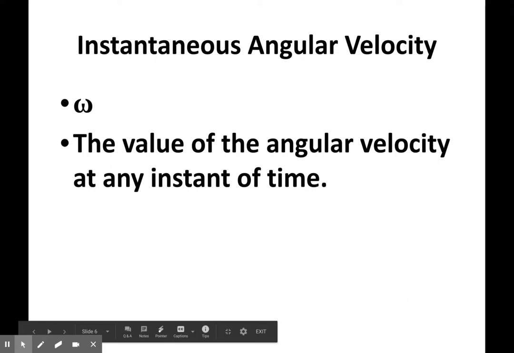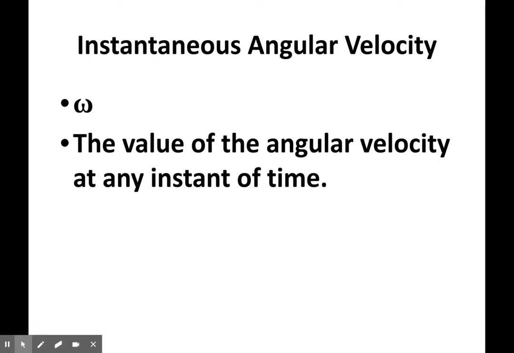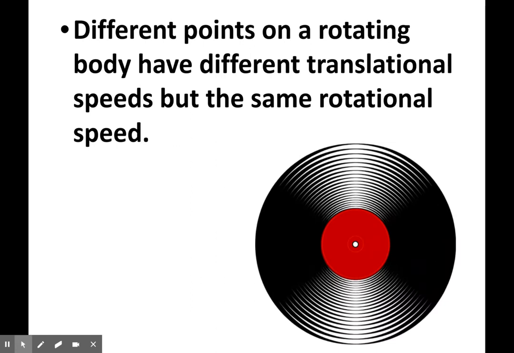Instantaneous angular velocity is just the velocity at one specific point in time. If we're looking at different points on a rotational body, they're going to have different translational speeds, but the same rotational speed. This is exactly what we were talking about with the ant versus the ladybug.